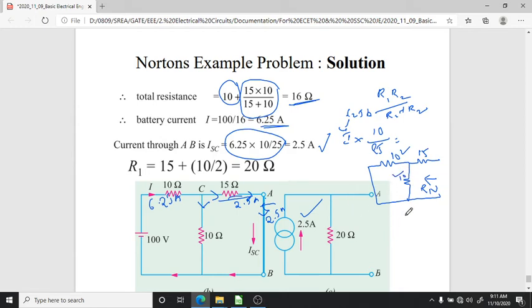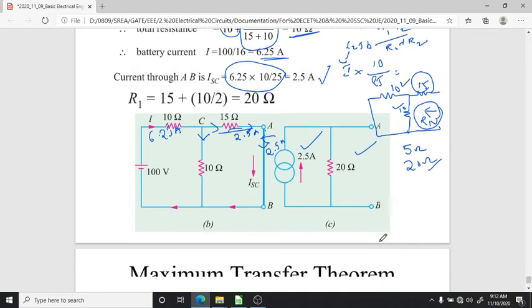If two resistors of the same value are in parallel, the value is 10 by 2, 5 ohms. This 5 ohm is in series with 15 ohm, so the total resistance is 20 ohm. This 20 ohm is the Rn, Norton's resistance.